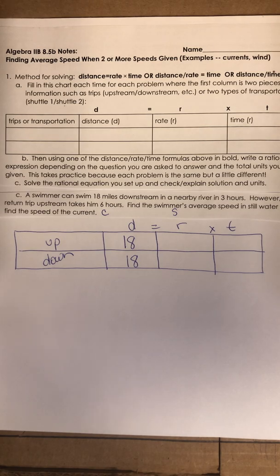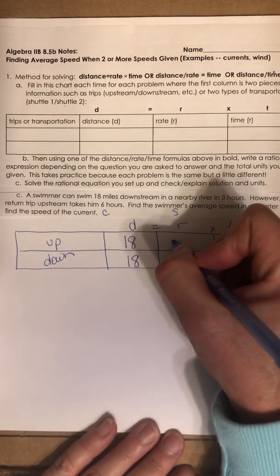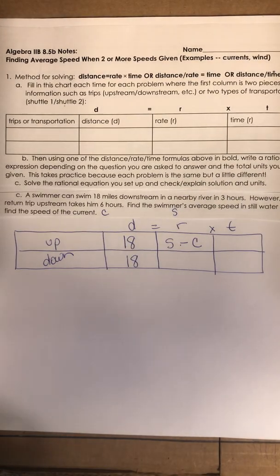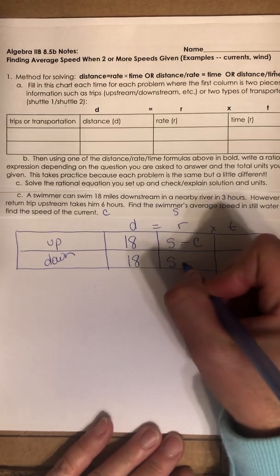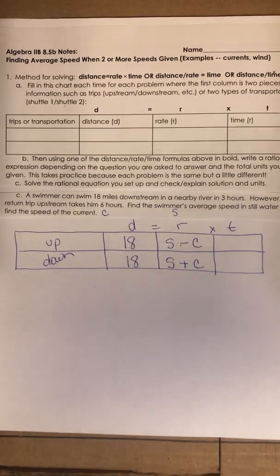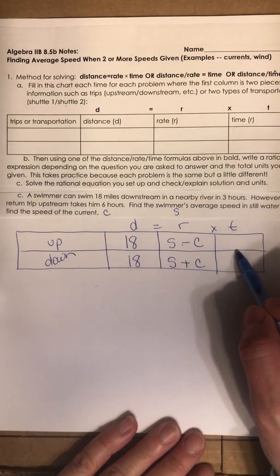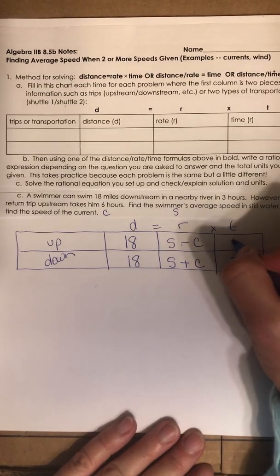The rate when they're going upstream would be the swimmer's rate minus the speed of the current, and when they're going downstream, it would be the swimmer's rate plus the current. There we go. And they did give us the time. Downstream is 3 hours, upstream is 6 hours.